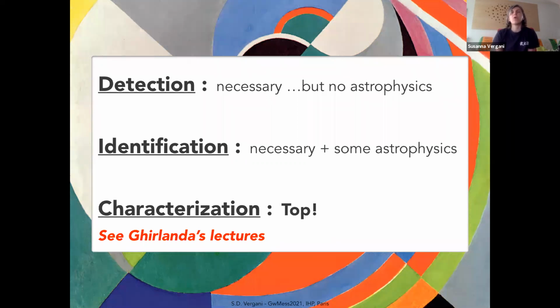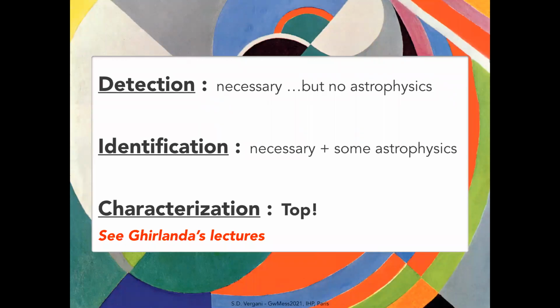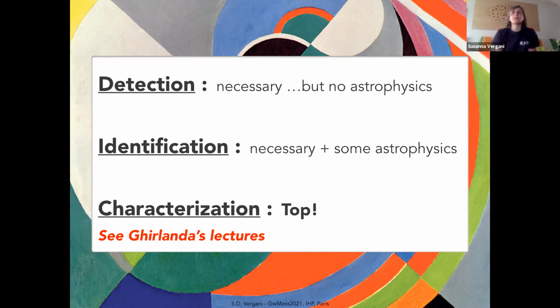And from this step on, we can start to do some astrophysics, so it becomes interesting for science. And then the very step to really do science in both astrophysics and physics is the characterization of the electromagnetic counterparts. So this is really our aim, our final goal.